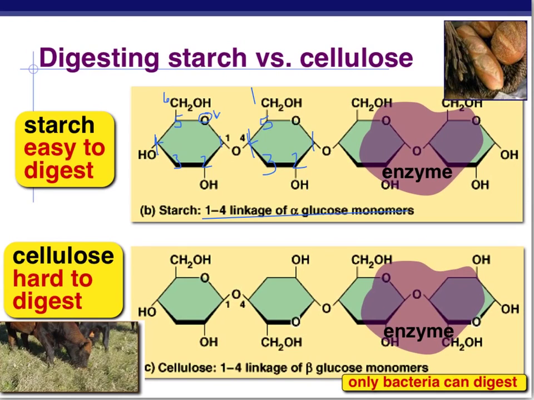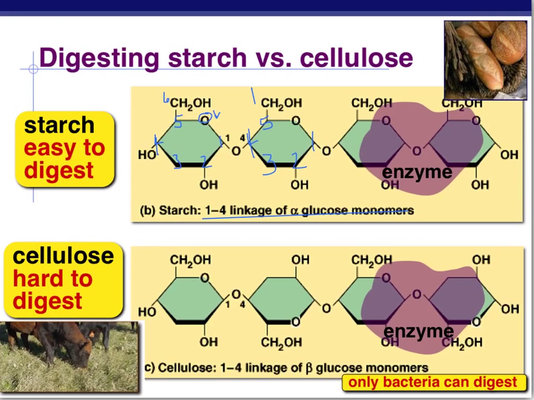A 1,4 alpha glucose linkage tells me that my bond is forming between my first carbon and my fourth carbon. So that's where the 1,4 linkage comes in. Alpha glucose tells me that my linkage happens underneath my carbon because those carbon molecules have OH groups that are underneath them.